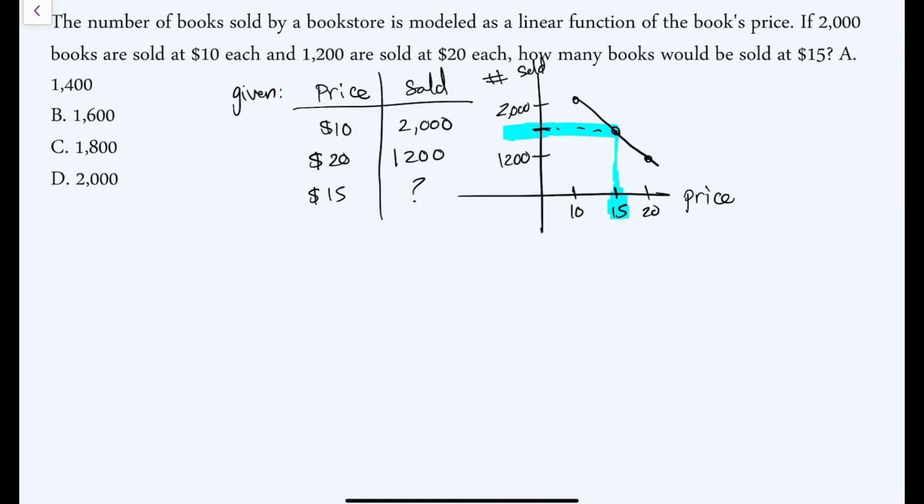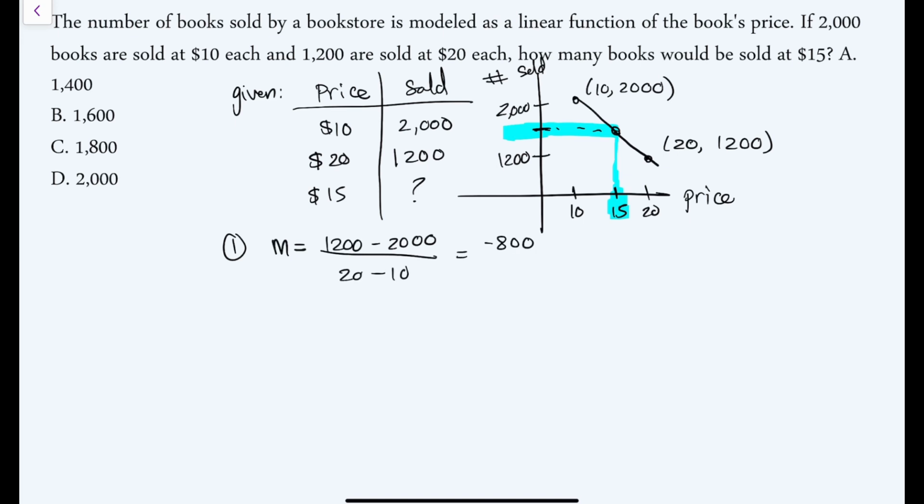Okay, so let's find the slope. Step 1, m is equal to the slope. So using the 2 points given to us, 10, 2,000, 20, 1,200. 1,200 minus 2,000 over 20 minus 10, negative 800 over 10, negative 80 is our slope. So that's step 2 now.